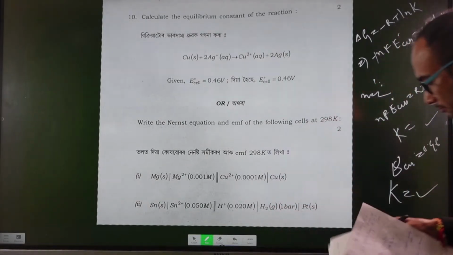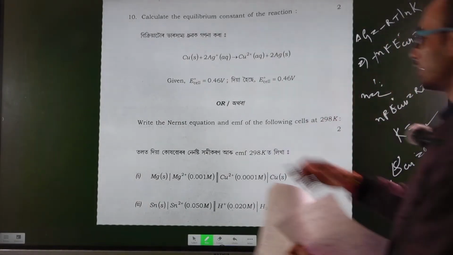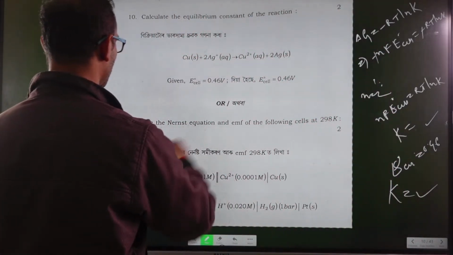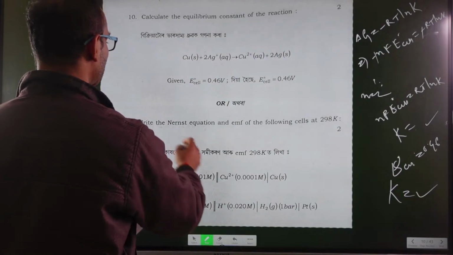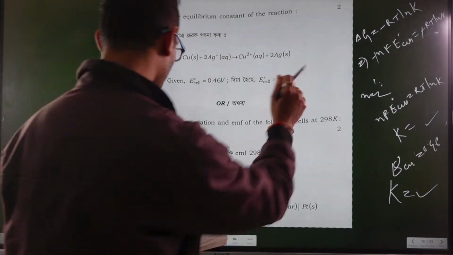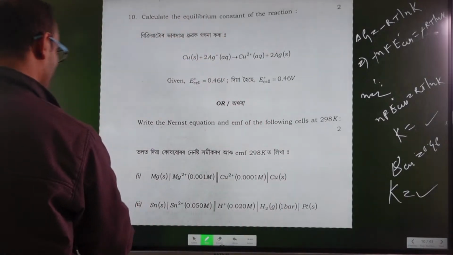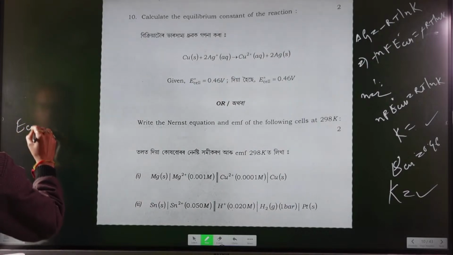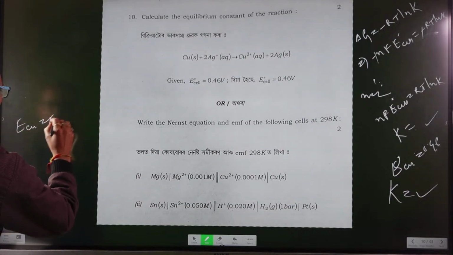Okay. So moving to this OR option, you can see the question is given like that: Nernst equation and the EMF of the following cells. So for this also you just use this expression. This is the Nernst expression formula. E cell is equal to E naught cell.